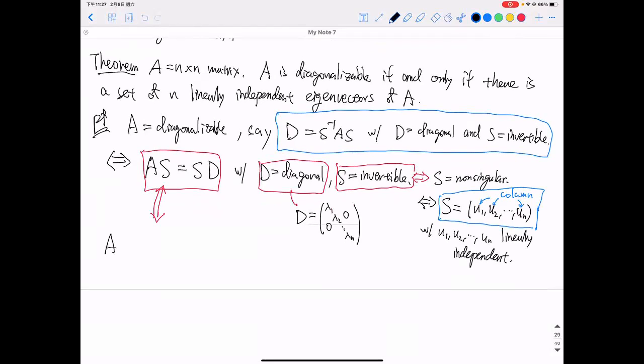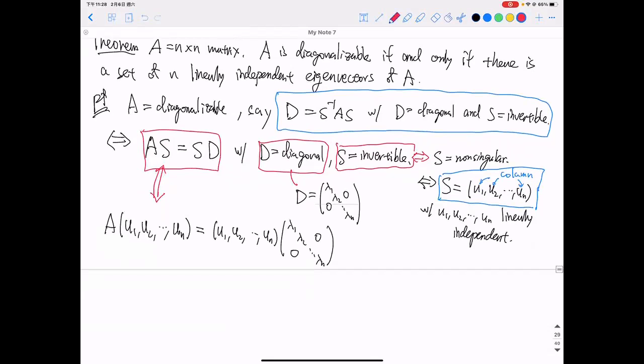So that is going to look like A times the matrix u1, u2, through un equal to u1, u2, through un times this D, lambda 1, lambda 2, through lambda n, and 0 elsewhere. Okay, so AS equaling SD is the same as this equation.